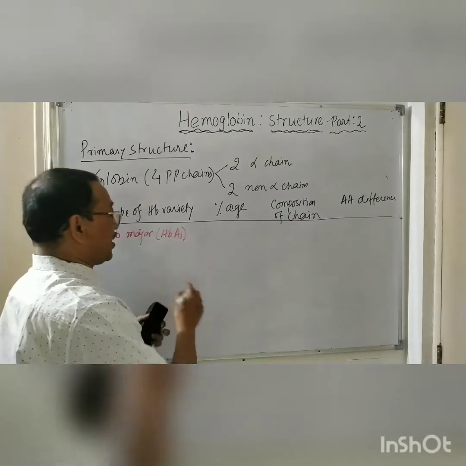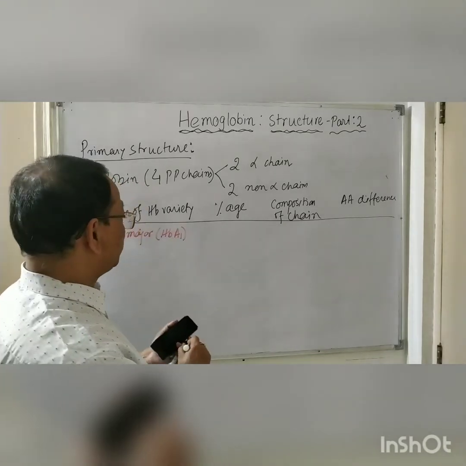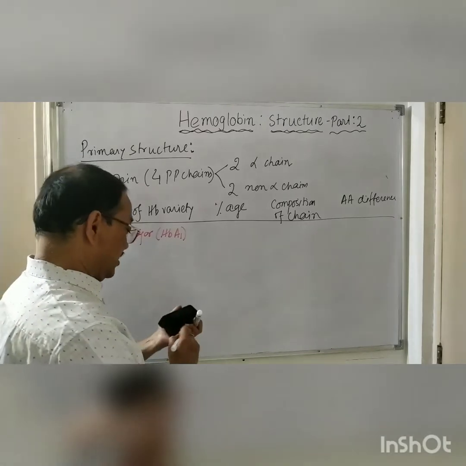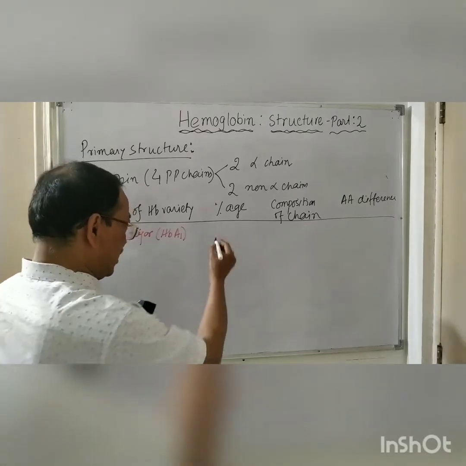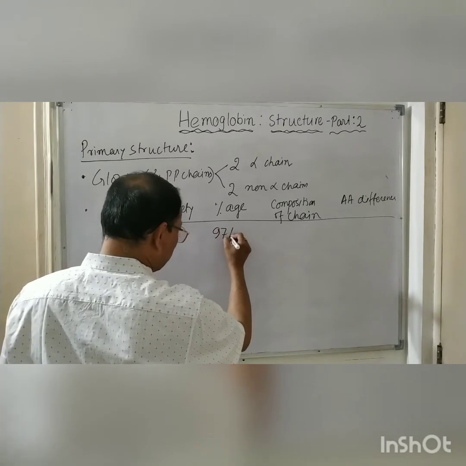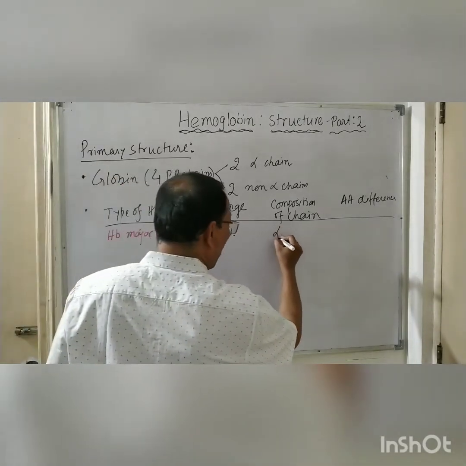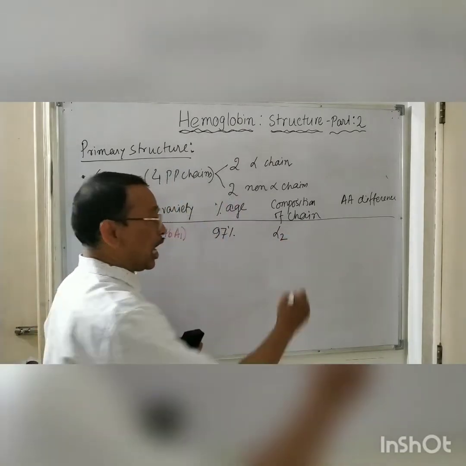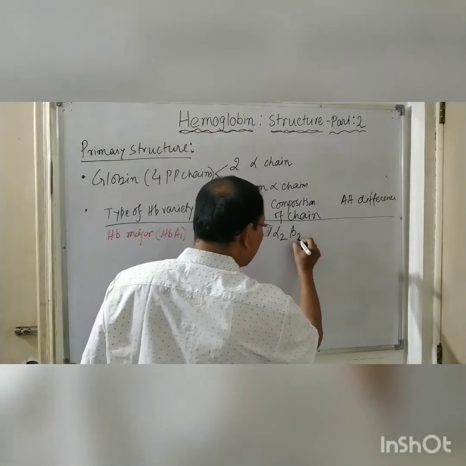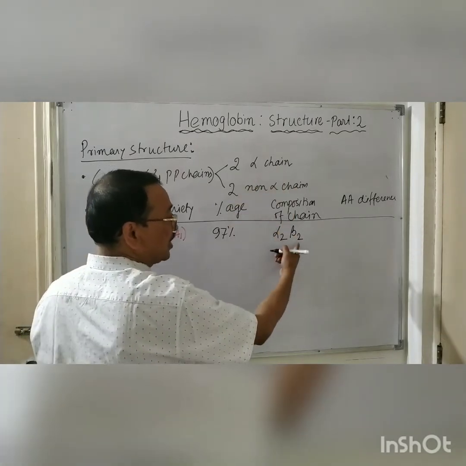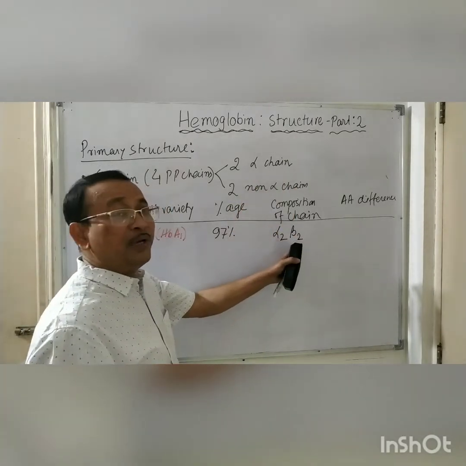The percentage of this variety is maximum, which is around 97%, and this is comprised of two alpha chains and two beta chains. So two alpha chains and two non-alpha chains, that includes beta chains.